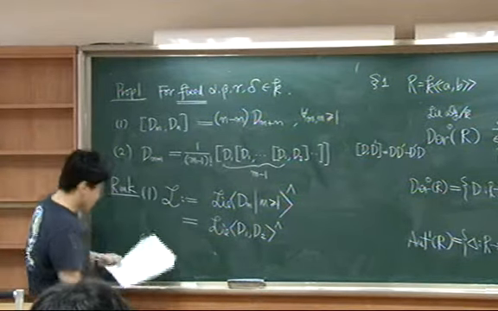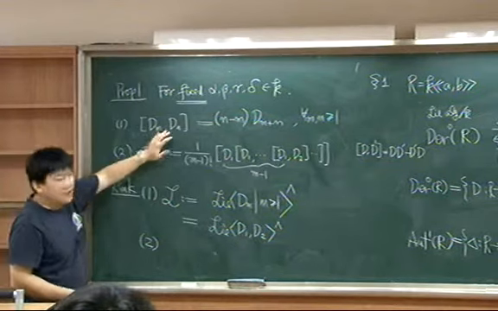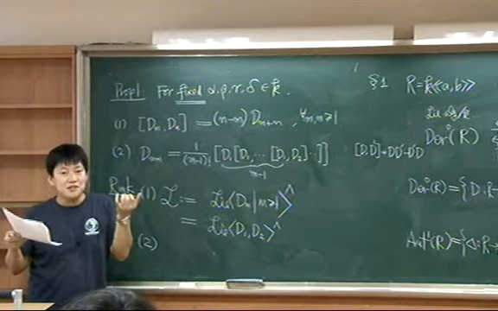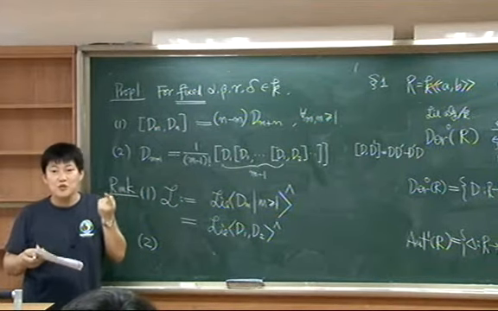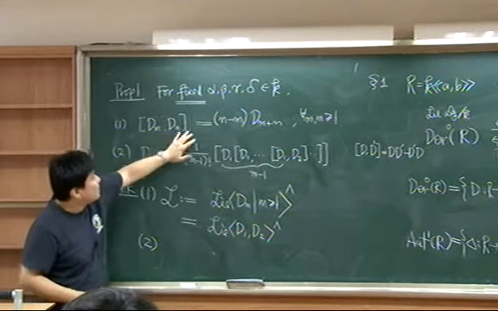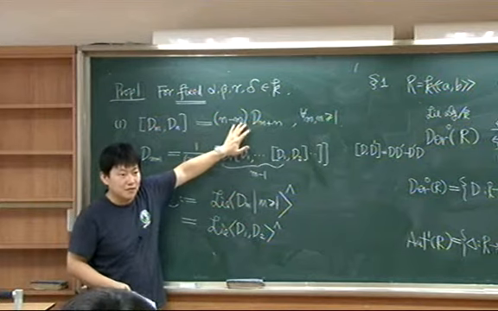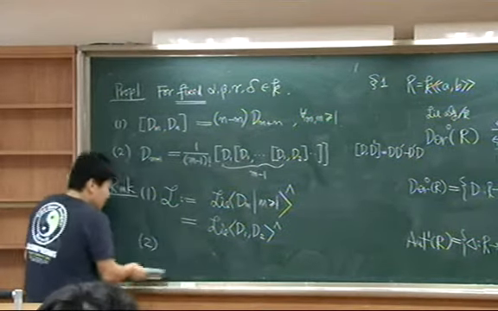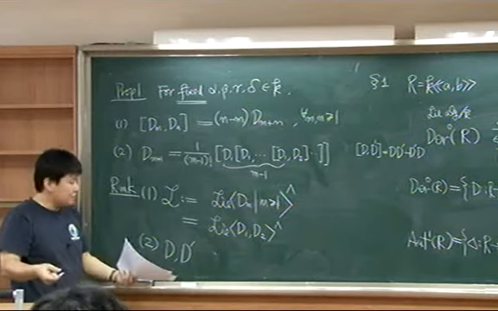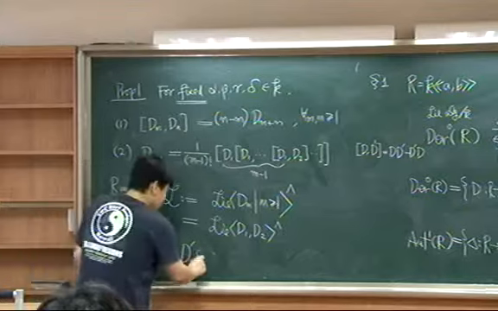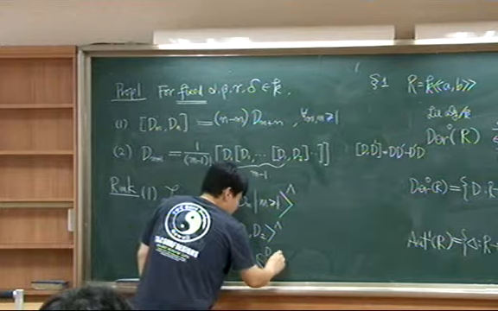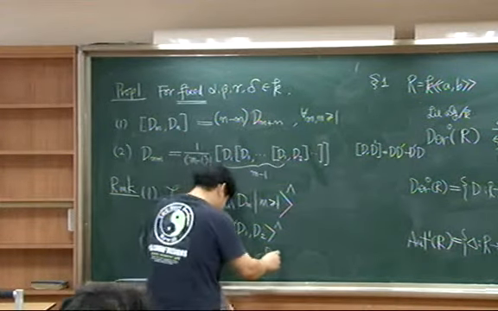And as a second remark, usually, if the bracket of any two elements is 0, then the real algebra is called an abelian real algebra or commutative real algebra. But this relation says that the real algebra is not commutative. So if D and D prime commute, then the following exponential formula holds.